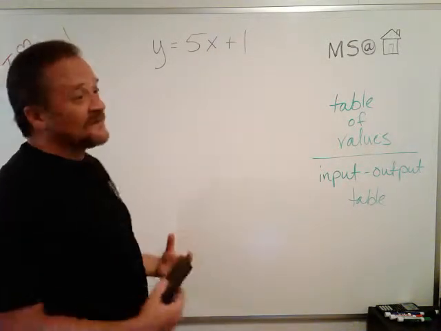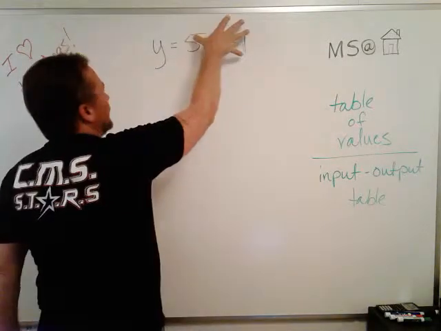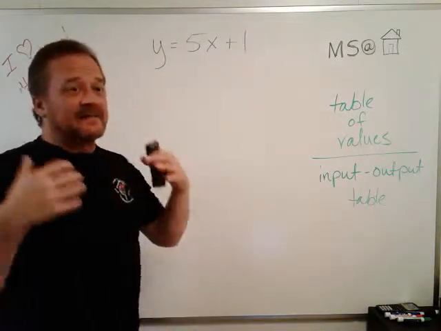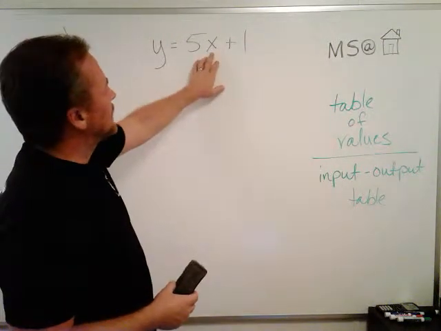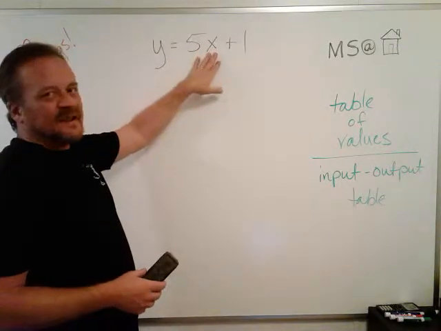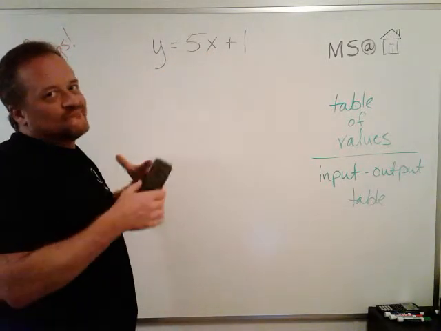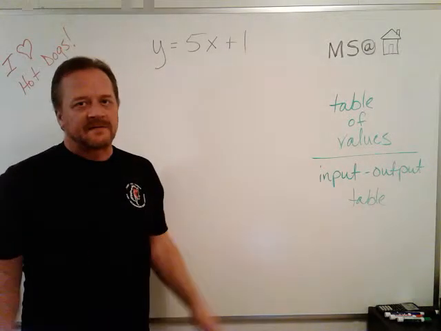The only thing we have to make sure is that the relationship between y and this whole side right here stays true, okay? If we put in a value for x and calculate it and it spits out a value of y that is not the same and it's off balance, then we have to check our work and try again. Remember that it's all about the balance.